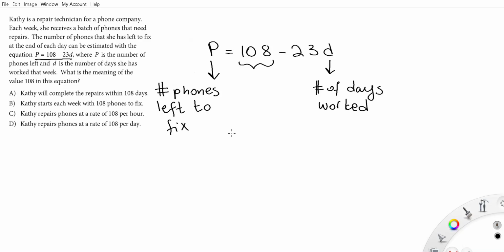Well, the easiest way for me to solve this problem is to think of this equation in terms of words.